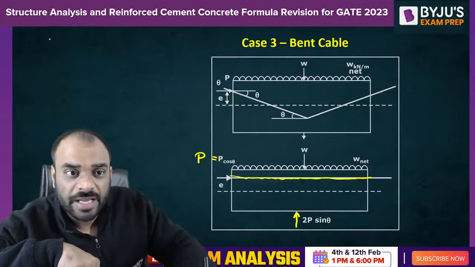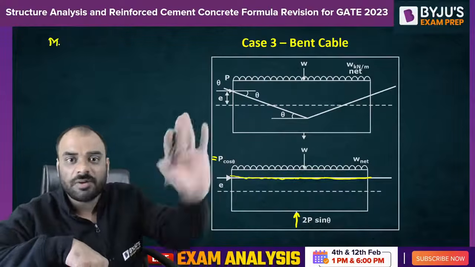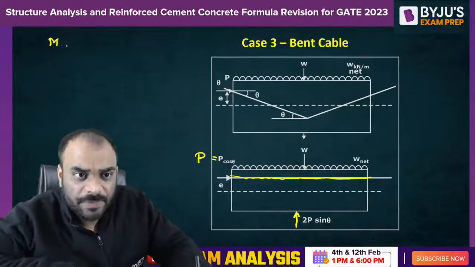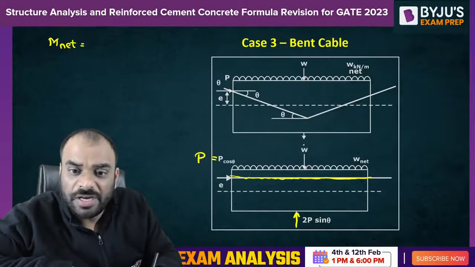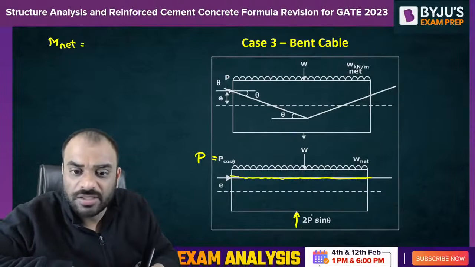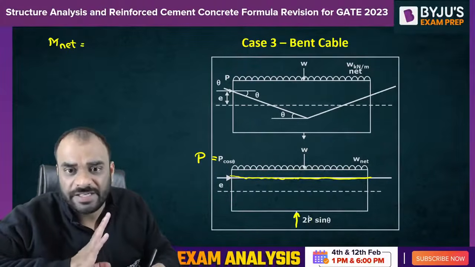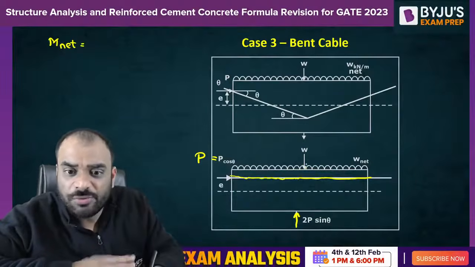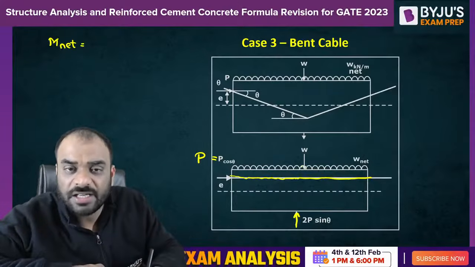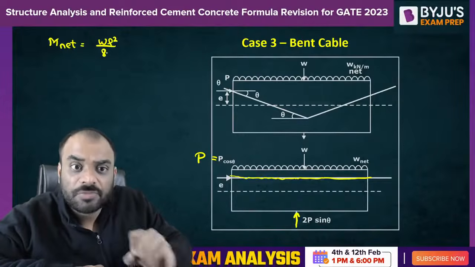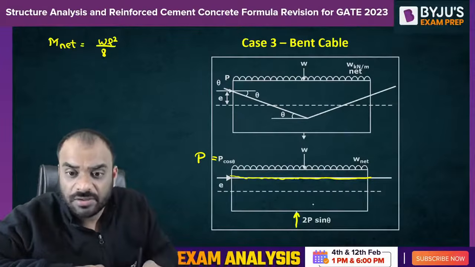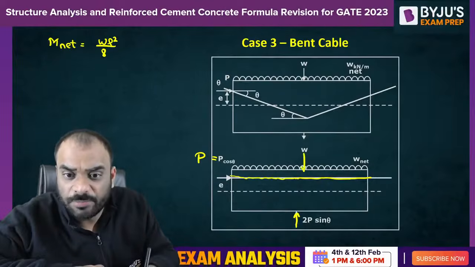So what should be our M net? The rest of the formula will remain the same guys. Okay, so M net will be equal to the moment due to this load W and the moment due to this 2P sin theta, right? So due to this W, what will be our moment at the center? WL square by 8. Or let us consider guys, this is our point load W, and this is W net, which is UDL.